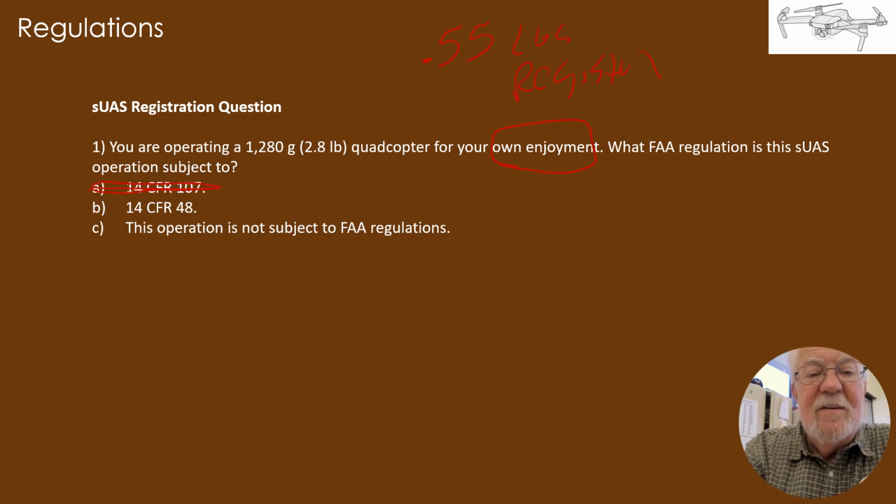That's not right. And to say that it has no regulations, that's not right. So by the process of elimination, we know that it's probably B. Why is it B? Because the CFR part on registration says anything over 0.55 pounds needs to be registered.